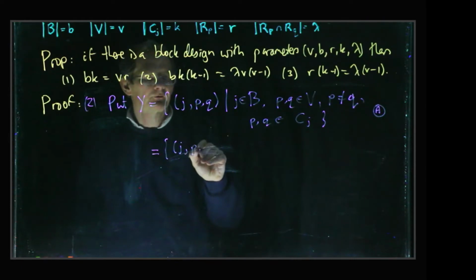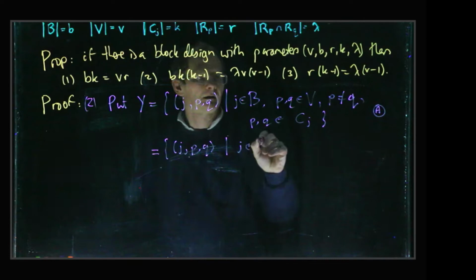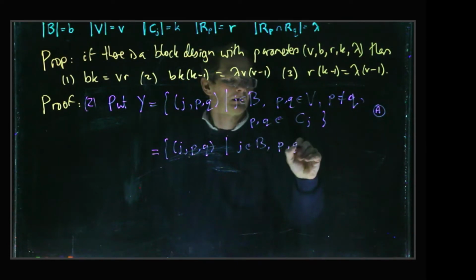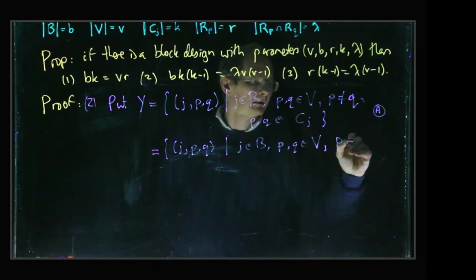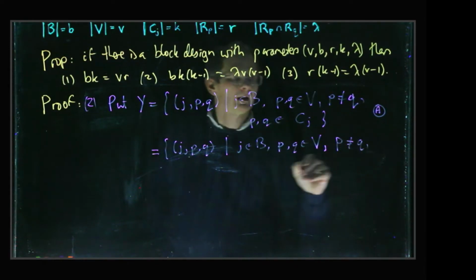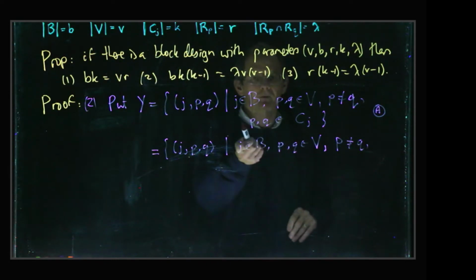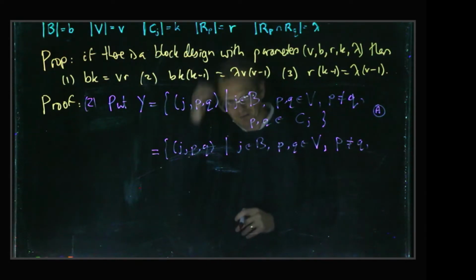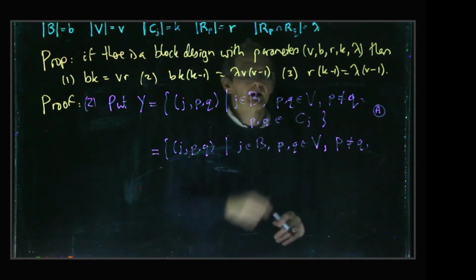We can turn it around, say the same thing. The condition that p and q both lie in Cj, that's to say that p is in Cj, which is the same as saying that j is in Rp, and q is in Cj is the same as saying that j is in Rq.